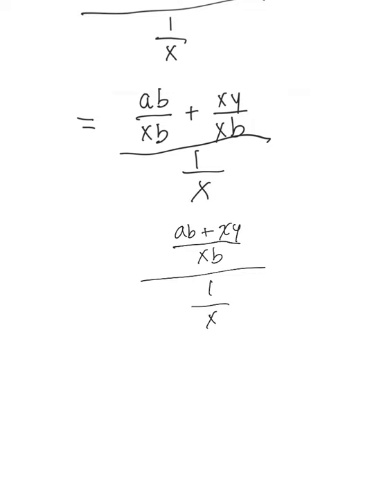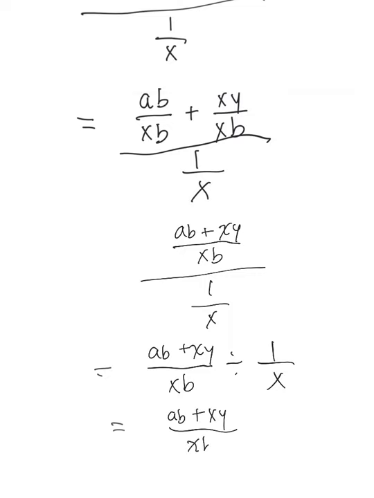Then I'm going to switch to a division model now that I've got these consolidated on the top and bottom. So ab plus xy all over xb, divided by 1 over x. Back to multiplying by the reciprocal to divide fractions.